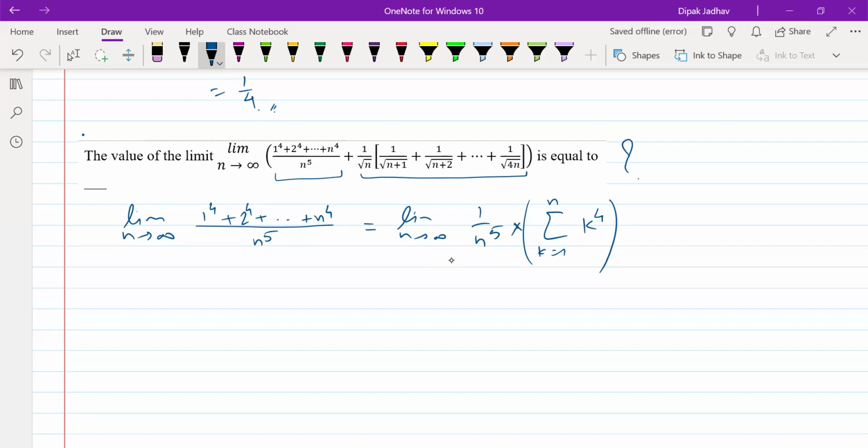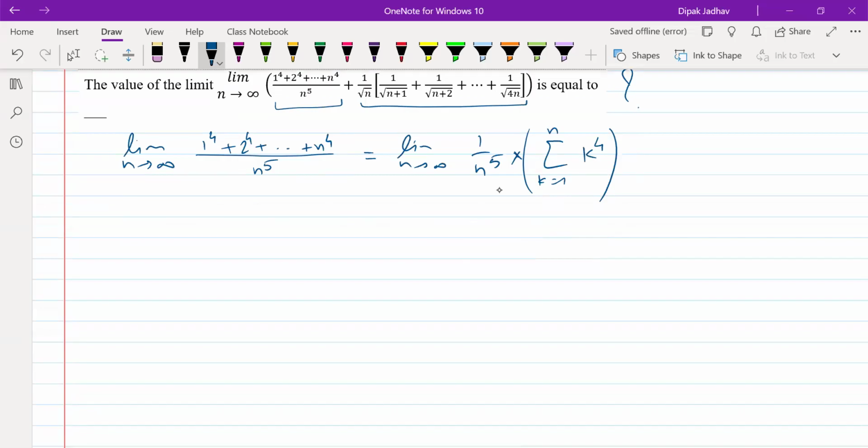We need to add infinitely many numbers in the numerator, and the denominator is also going towards infinity. Whenever you see this kind of situation, you have to think of something called Riemann integration.